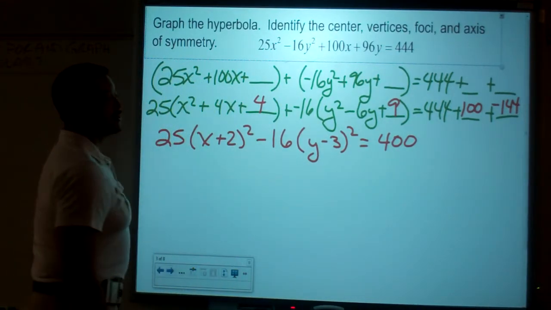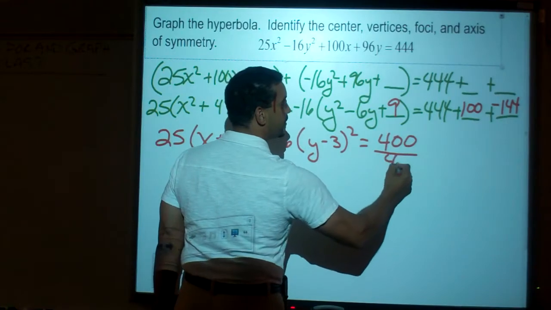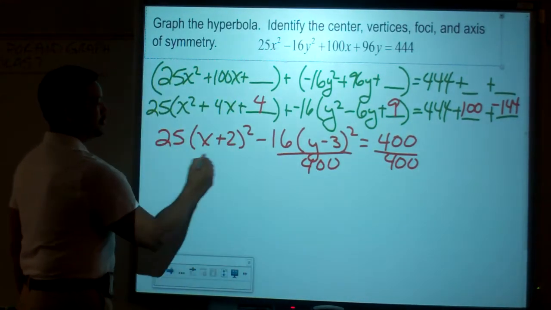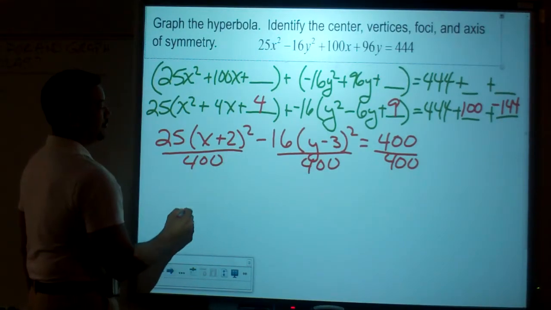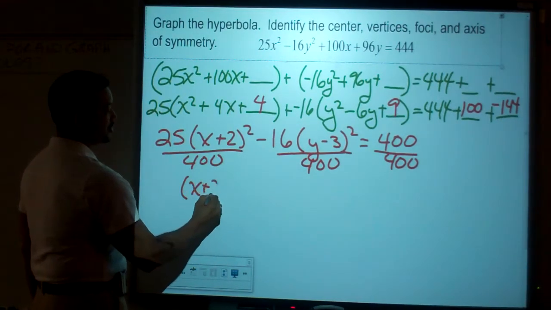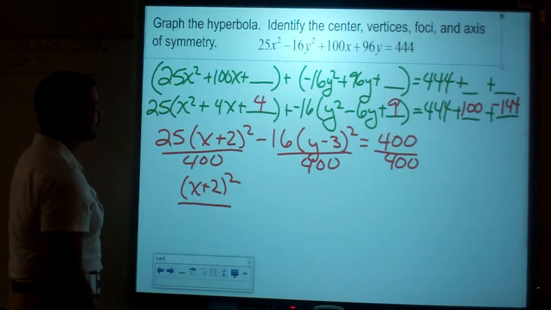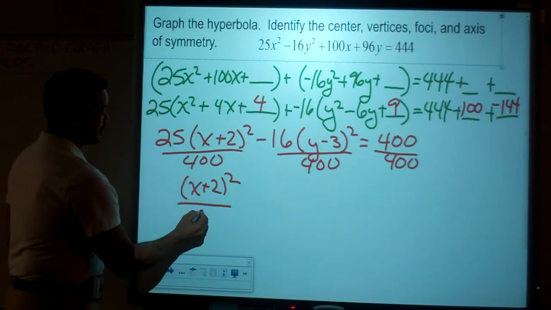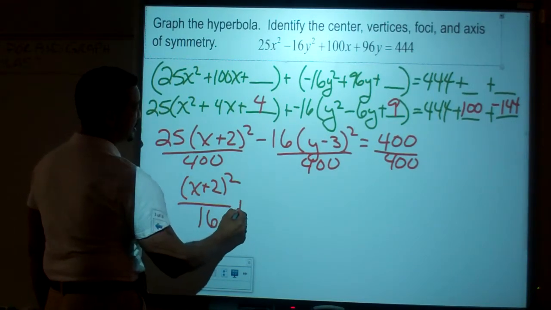Now, of course, what you're going to do next is divide everything by the 400. It's going to give you x plus 2 squared over 25 goes into 400, 16 times.